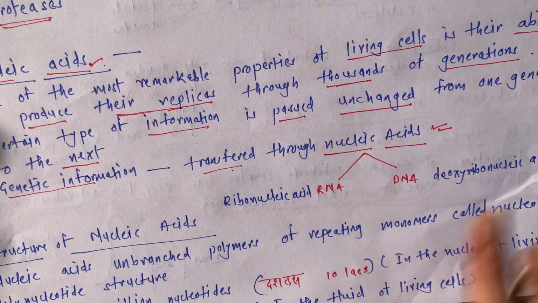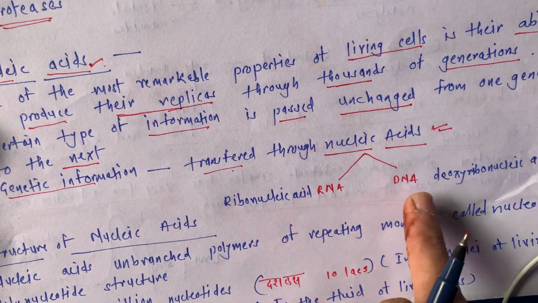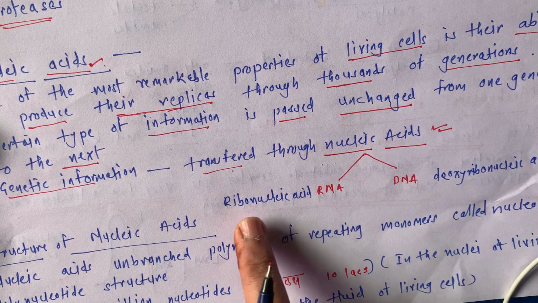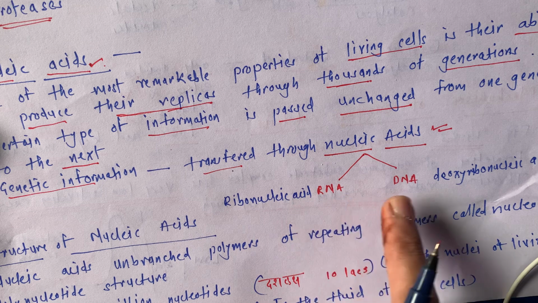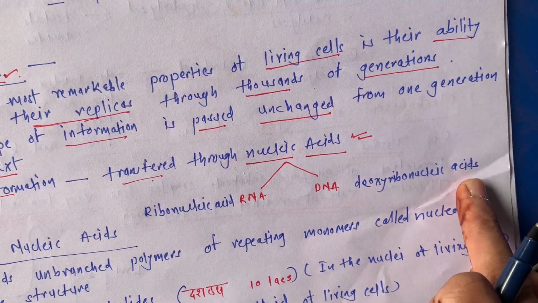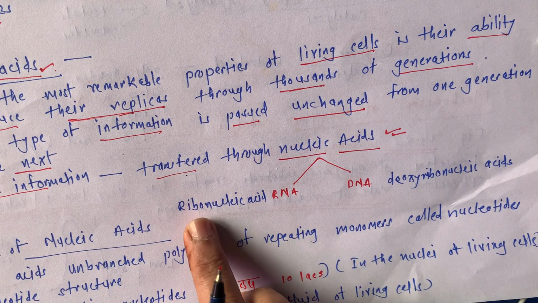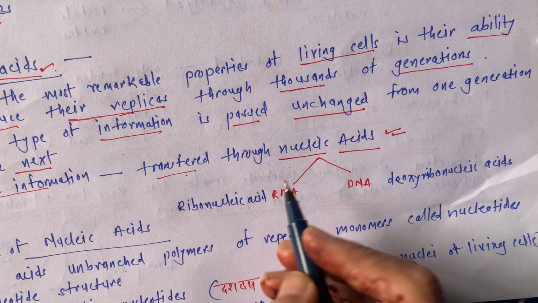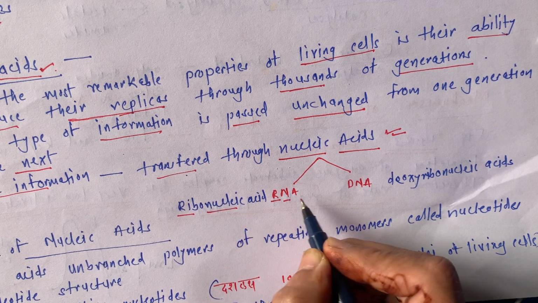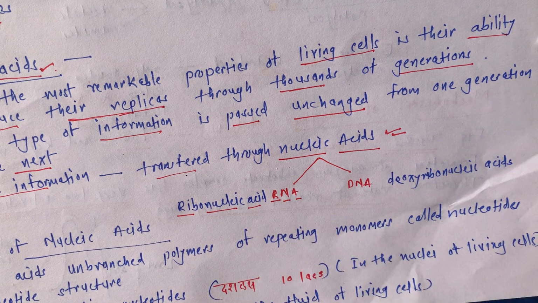These nucleic acids are of two types. One is RNA, another one is DNA. RNA is ribonucleic acid, while DNA is deoxyribonucleic acid. In RNA, R stands for ribo, N stands for nucleic, A stands for acid.